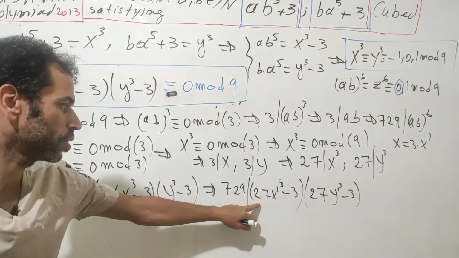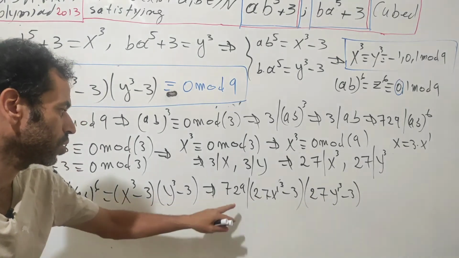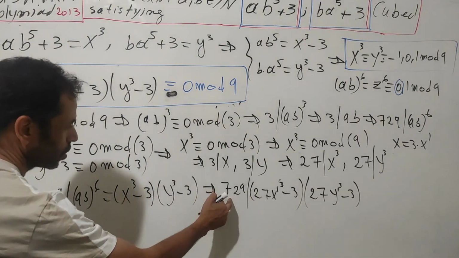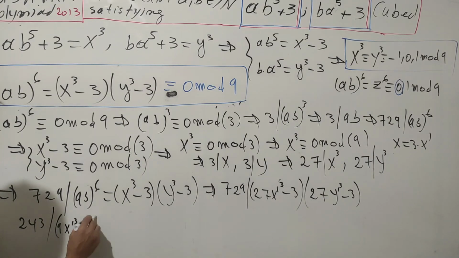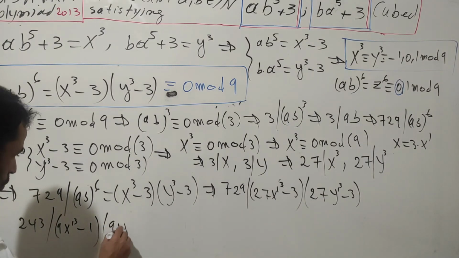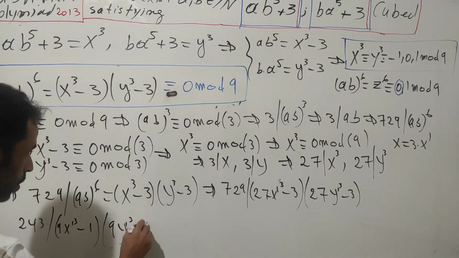Take 3 out of these things to cancel out this one by 3. So we get here 243 divides 9x prime cubed minus 1 times 9y prime cubed minus 1.